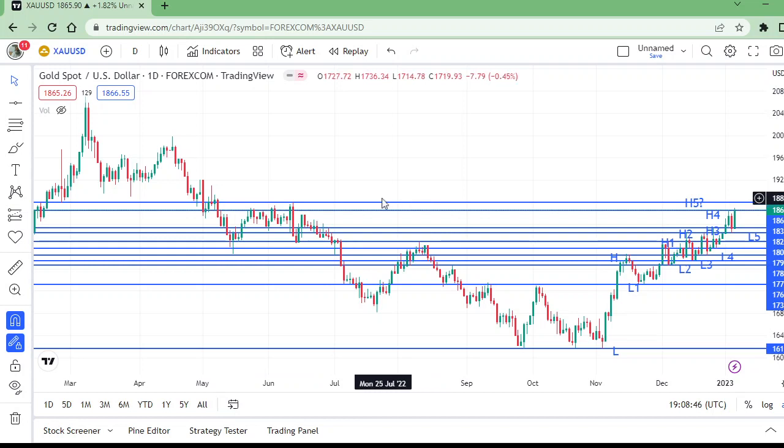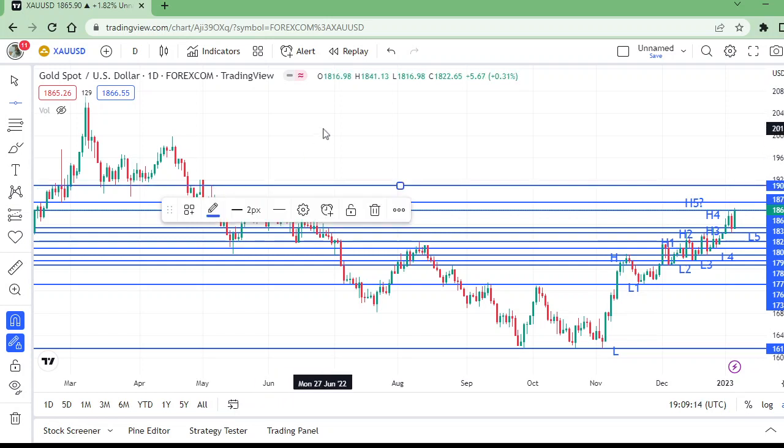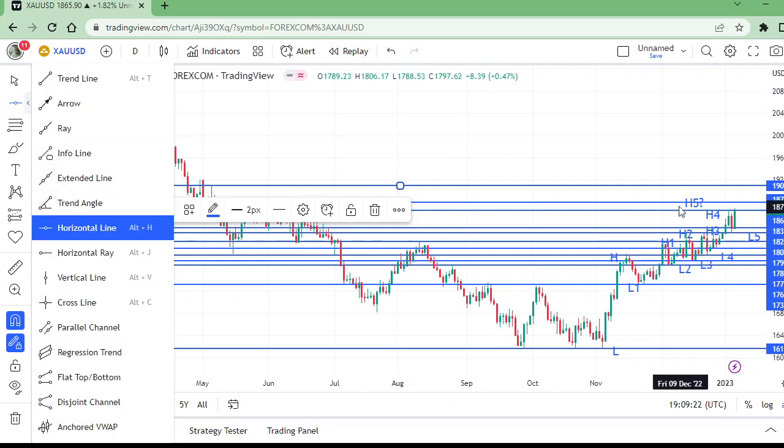But what is expected is that the gold after penetrating this will come for L6, a new low, and after this we have this level. Let me put the horizontal line here. This is at 1909, 1908, 1909. Yes, this will be the next high. So that will be H6.